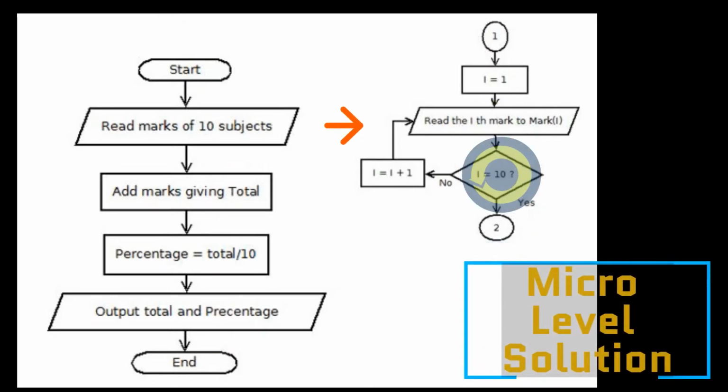And next, you have to make a decision to find whether the given I is equals to 10 or not. And to represent that, you can draw the decision symbol.